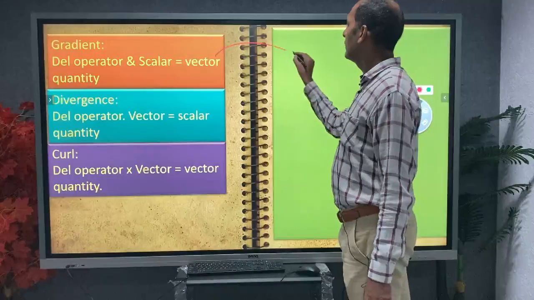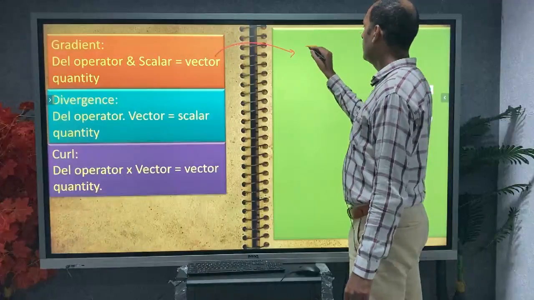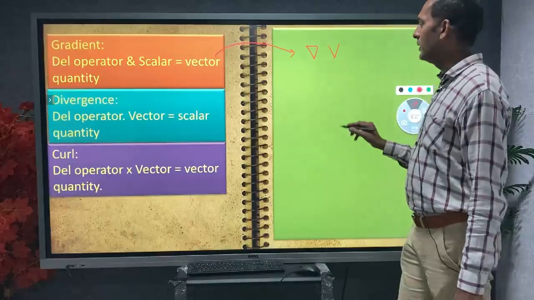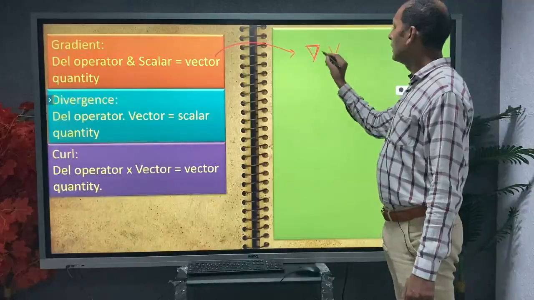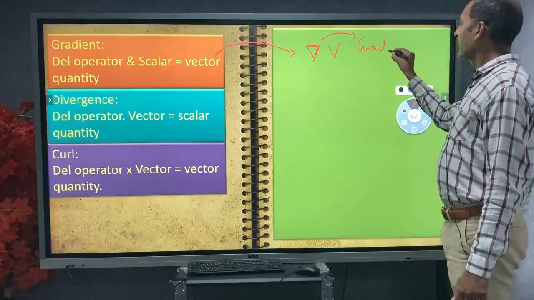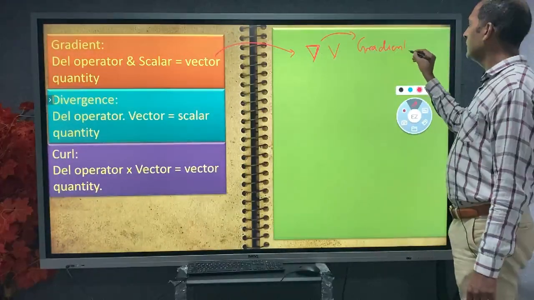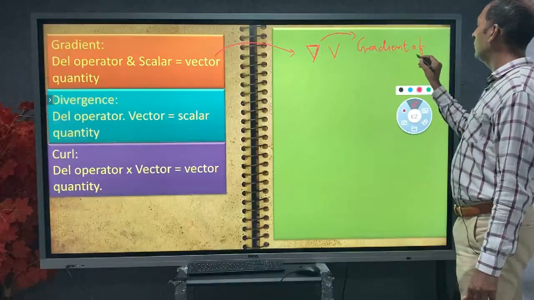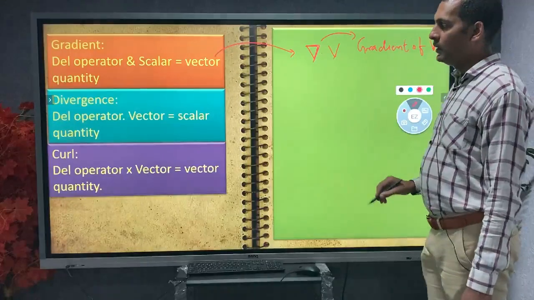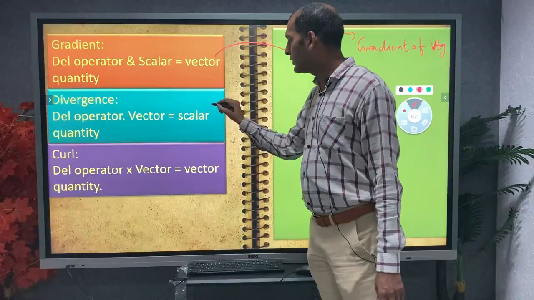So for example, we can consider del dot voltage. Voltage is a scalar quantity. So this one is called the gradient of voltage.